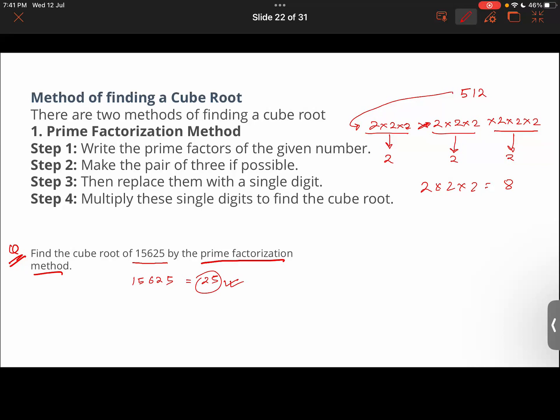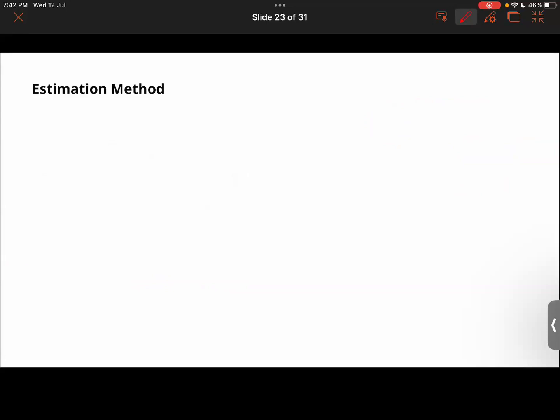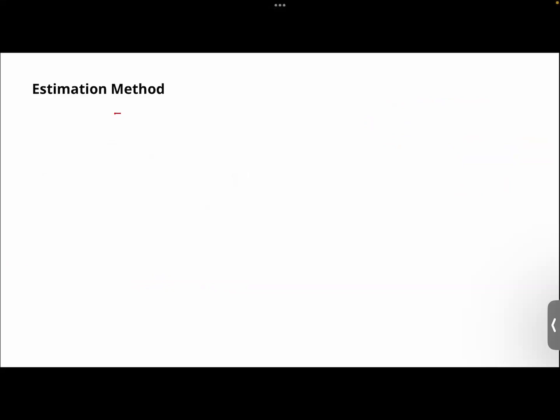Now moving on, what are other methods to find cube roots of a number? Another method is the method of estimation. Estimation can be done for certain numbers, but for bigger numbers, estimation is a little bit difficult, right? Suppose you have numbers like 512, 3931, 1728.